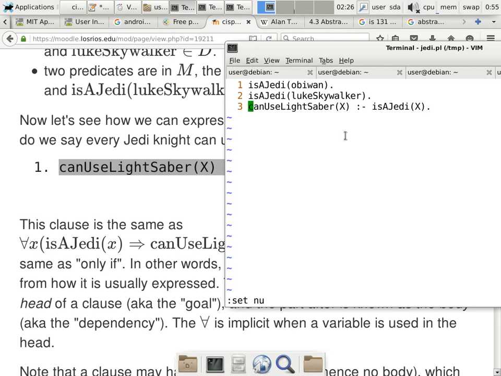In other words, it is saying for all x as an element of the universe, is a Jedi x implies can use lightsaber x. Is that okay? Yep. Why are we reading it from right to left? Because later on we will see the right-hand side can have multiple components. You can say blah, blah, blah, and blah, blah, blah, and blah, blah, blah implies a certain predicate. And having it on the right-hand side makes it easier to type.